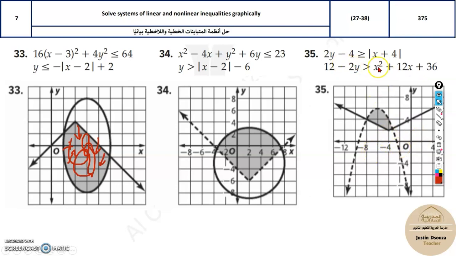Or if it is a quadratic function, say for example this one, there are many ways to solve this graph. Some of the ways is just understanding a parabola, or now I'll take this to the other side. Okay, so it'll be x squared plus 12x. This will become minus, so it'll be plus 24 remaining.